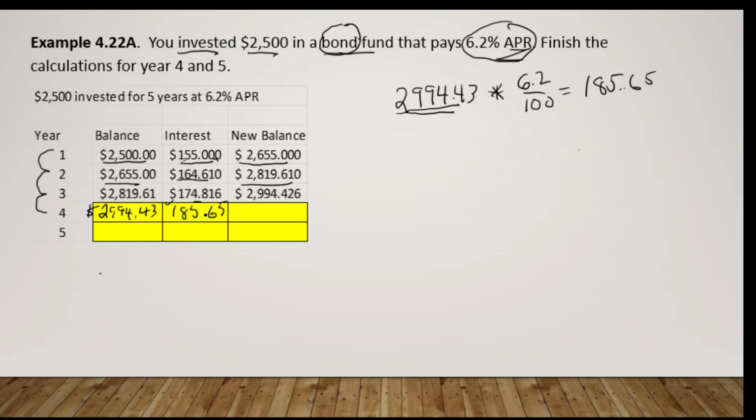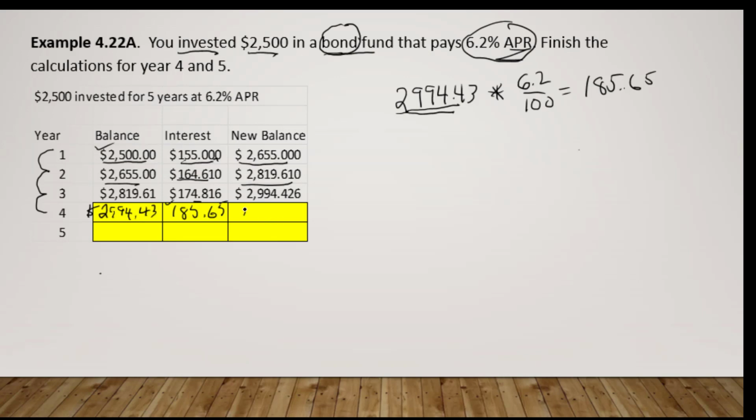$185.65. Now I would add these two together. This is my beginning balance at the beginning of year 4. That's how much interest I made during year 4. And I add them together, and this is how much my initial $2,500 bond is now worth after 4 years of investment, which is 2994.43 plus 185.65.